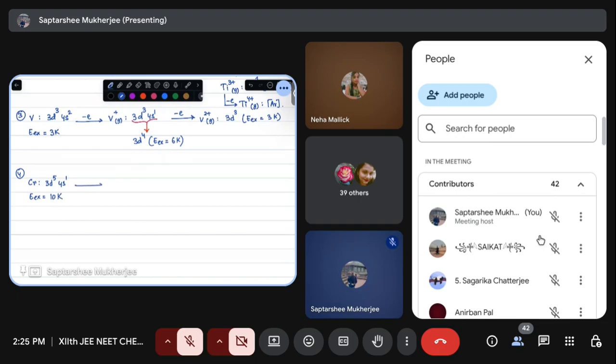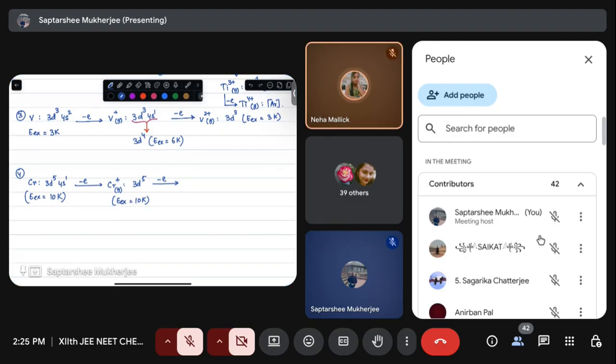And chromium plus, if it happens, it is 3d5 only. So again, what is the exchange energy? 10K. If I remove another electron, what do I get? 3d4.